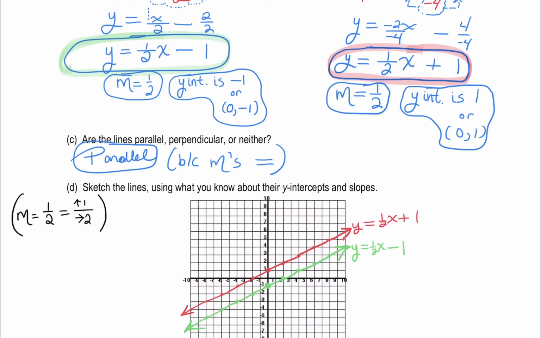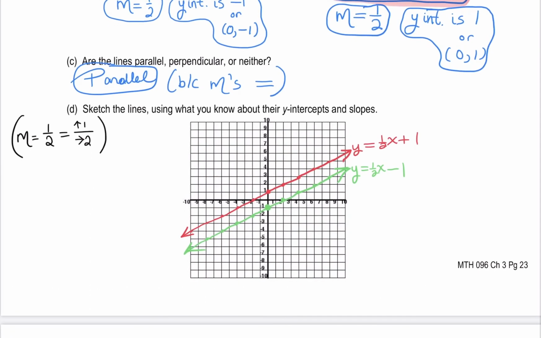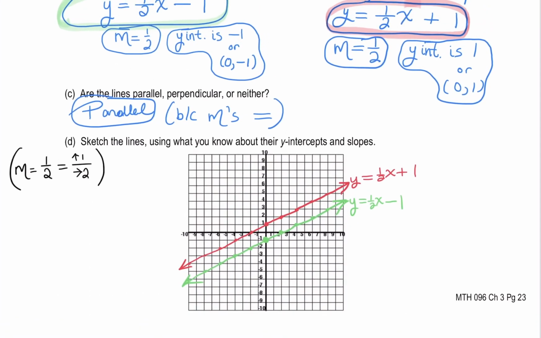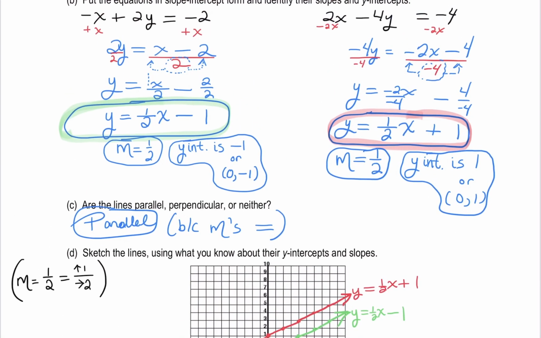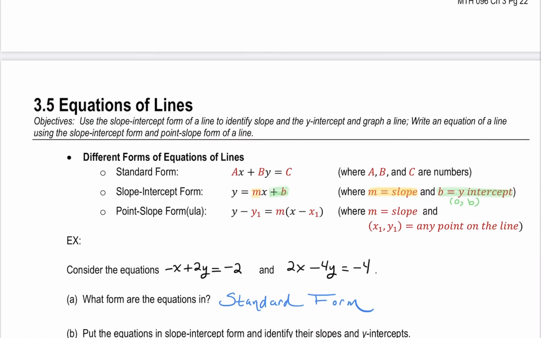So here's the thing. What we've really developed is a technique to graph lines using this slope-intercept form. That's what we're going to talk about next time. We'll generalize the process. And then eventually we'll get into the last form of the line, which I haven't mentioned yet.